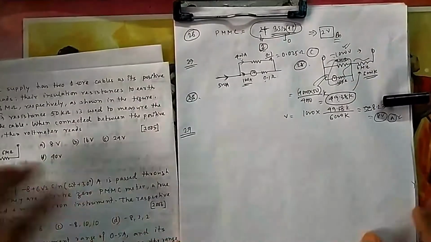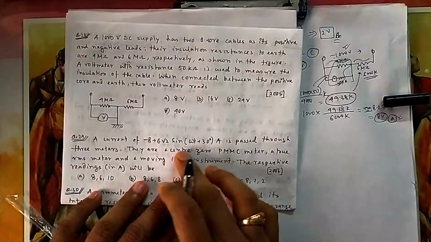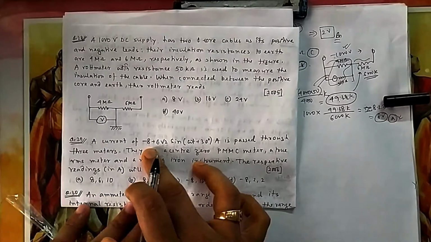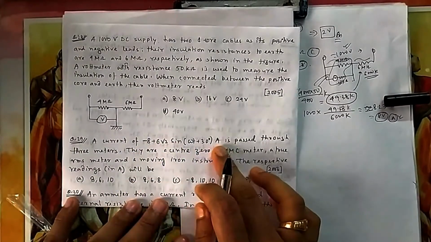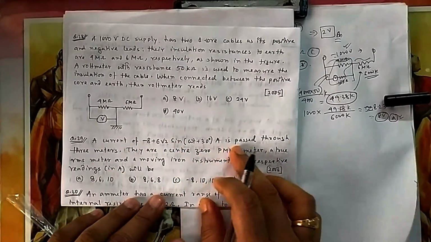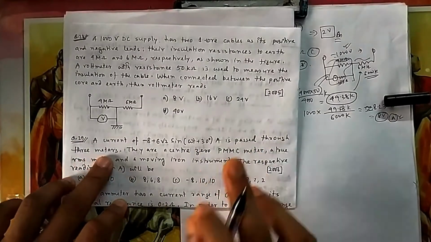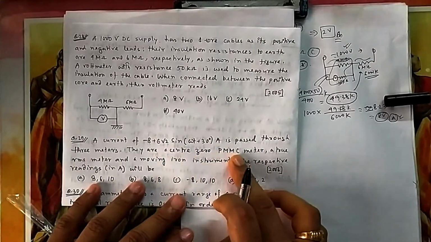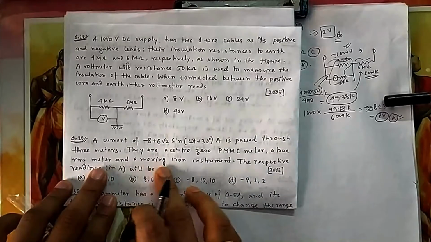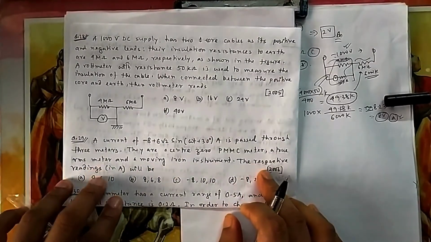That's it. So 29, what they are asking: a current of this much, this type of current you have seen, very familiar, DC and AC added in a single signal, is applied through 3 meters. There is a center tap PMMC meter, a true RMS meter, and a moving iron instrument. So the respective readings.